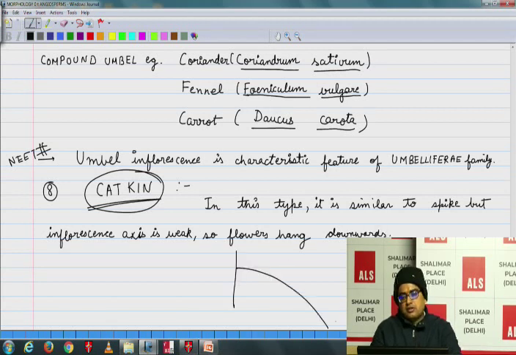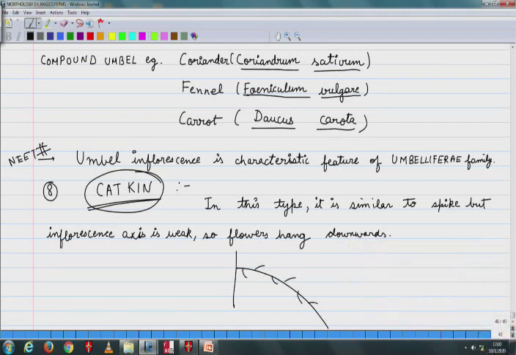This is the only difference, like this. So this is about racemose inflorescence.